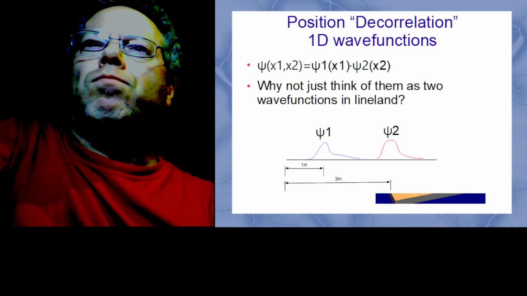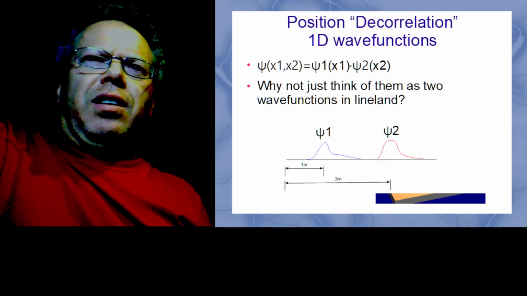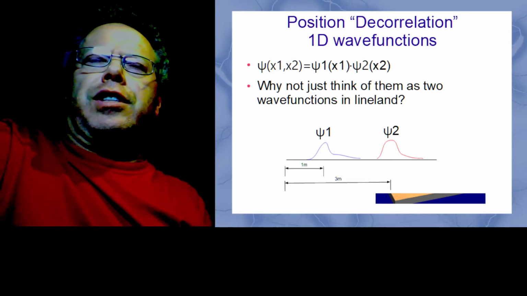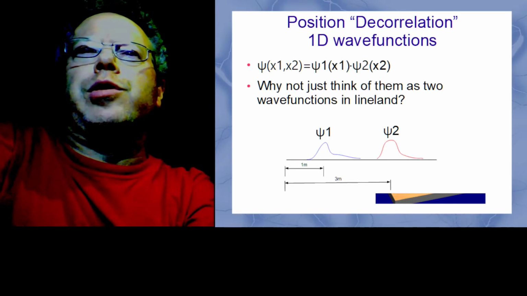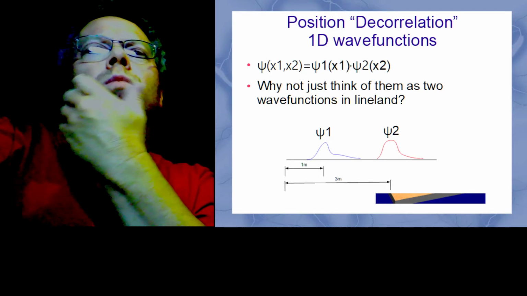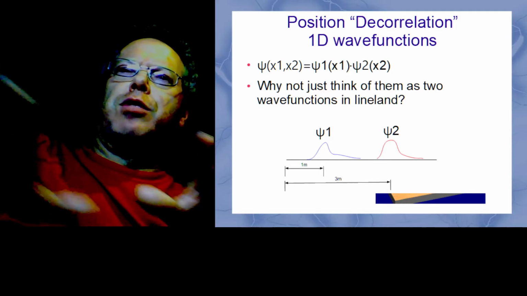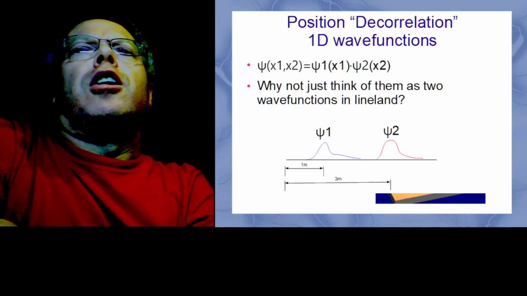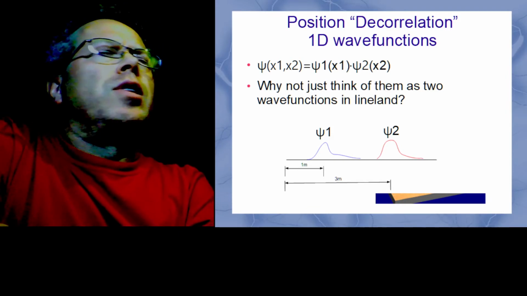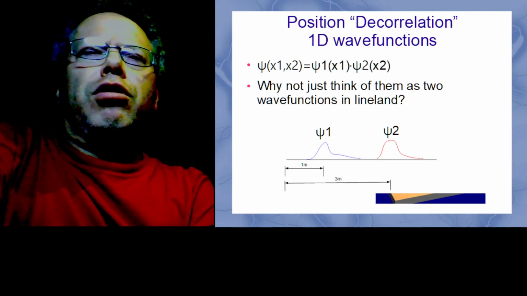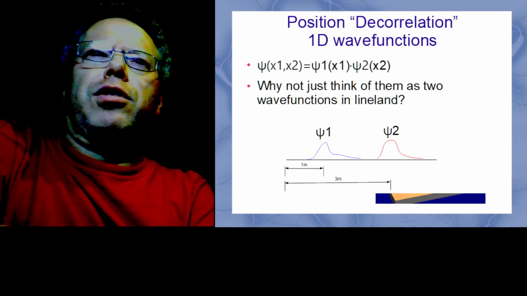Now, let's say instead of these being ants, there were little wave functions, little wave packets, centered about those positions 1 or 3. I can just see them as two little wave packets that live and spread out on this line. But I can also play the same game of how this would look in a two-dimensional space with a single wave function.